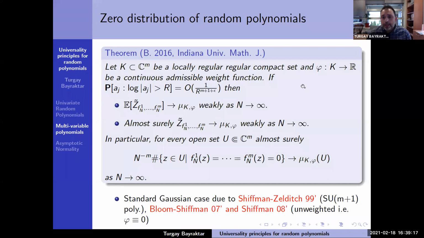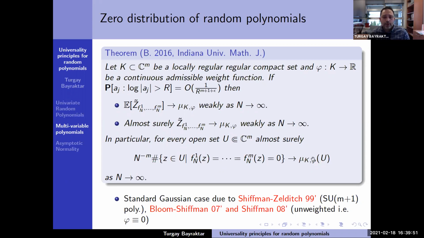Maybe at this point I can explain why this gives you a localization of Bézout's theorem. If you choose a relatively compact open set U in C^m, and look at the number of simultaneous zeros of your random system in U, suitably normalized, this is asymptotic to the mass of the equilibrium measure in that open set.